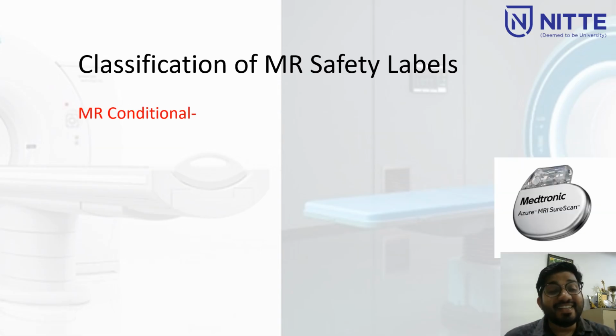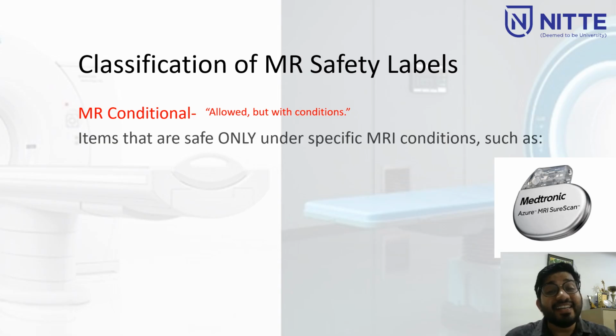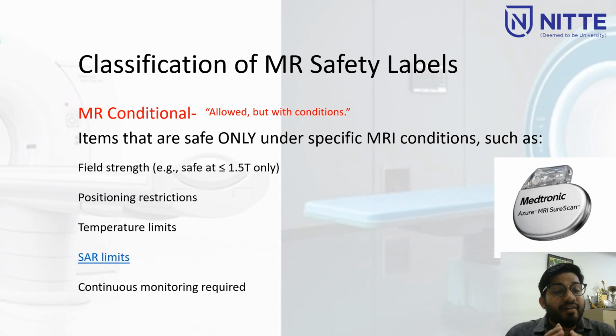The second one is MR conditional. So it is allowed but with conditions, like a medicine that is safe only in the right dose, isn't it? Items that are safe only under specific MRI conditions such as field strength. Some implants will have some restriction, maybe 3 Tesla cannot be used for that particular implant.